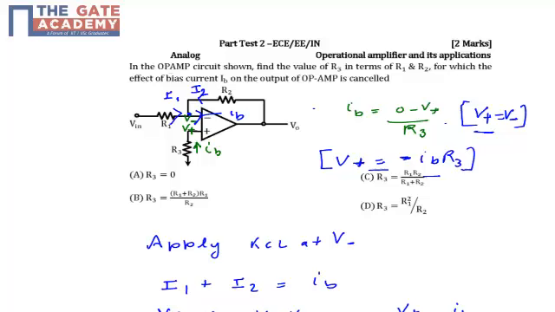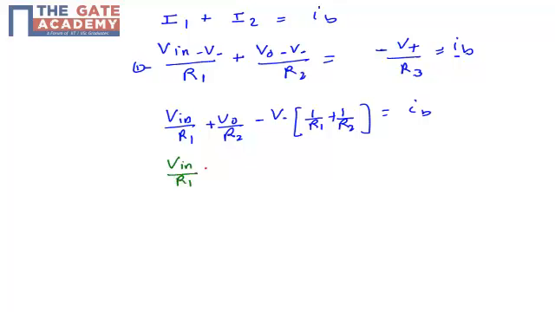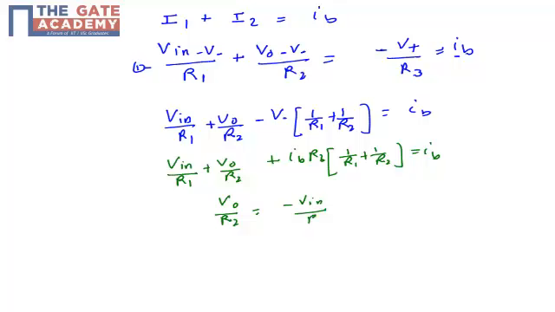So this will be Vin by R1 plus V naught by R2, minus minus plus, so plus IB R3 times (1 by R1 plus 1 by R2), equal to IB. Transferring terms, V naught by R2 will be minus Vin by R1 plus IB minus IB times R3 of (1 by R1 plus 1 by R2).